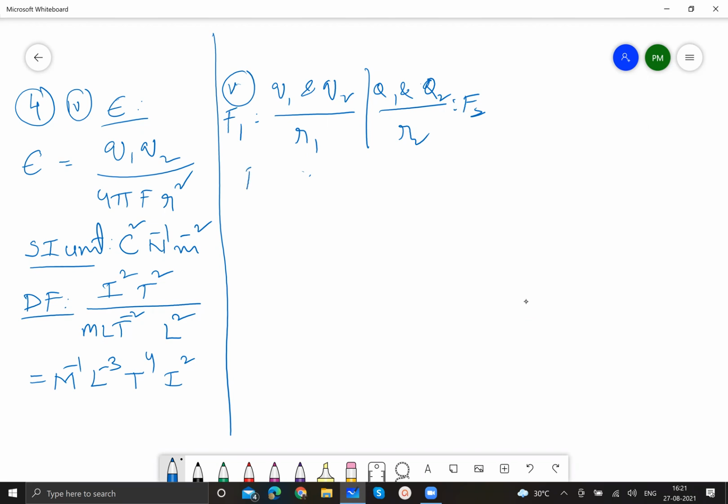Then, assuming that they are in the same medium, F1 by F2 is Q1 Q2 by capital Q1 Q2 into R2 by R1 whole square. Please copy down.